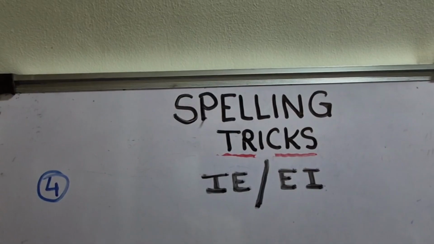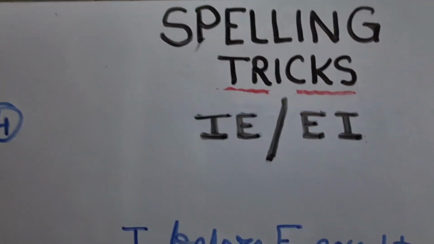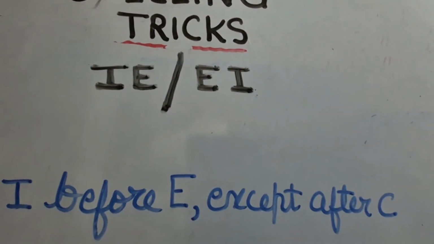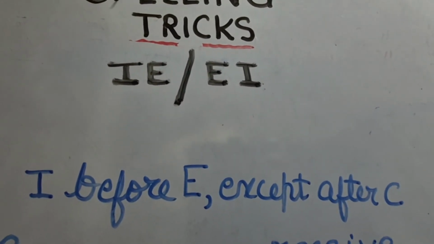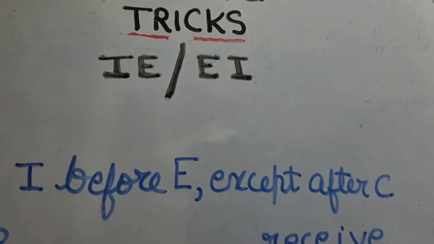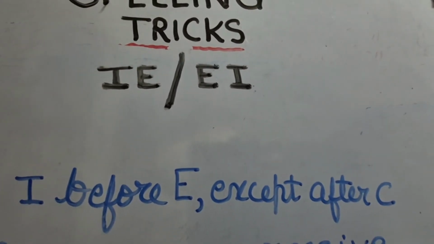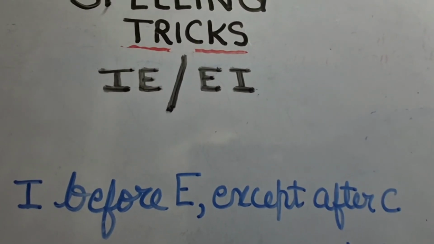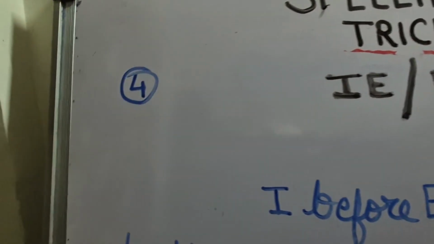First thing, step 1. Whenever you are confused, first think this rule: I before E except C. Again, I'm repeating: I before E except C. This means that in most words, I comes first and E comes second. Let's see the example.